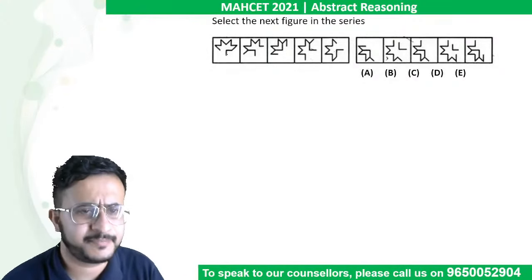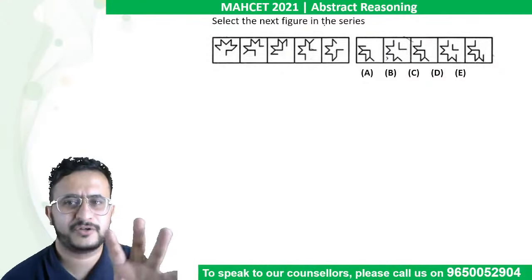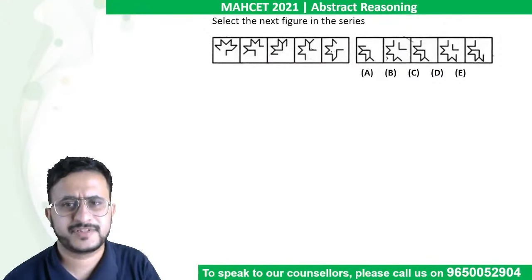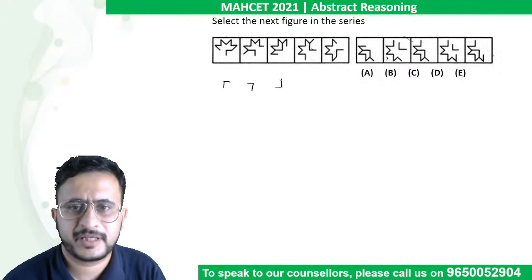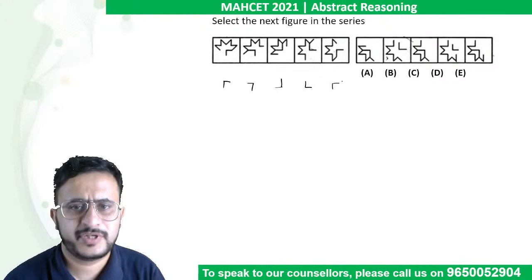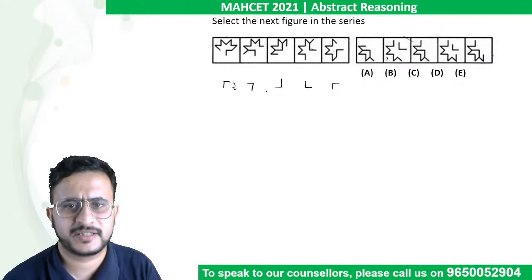So basically, if you can observe, there are two things. One is this L shape, and then there is this flower shape, or string of star, whatever you want to call it. It is this shape, then it turned like this, then like this, then like this. So it is doing a 90-degree shift every time in this direction.